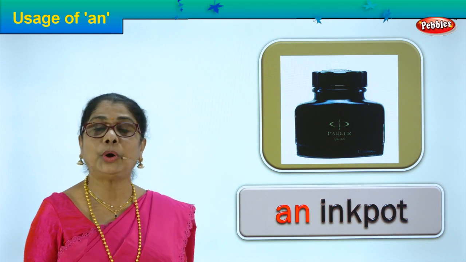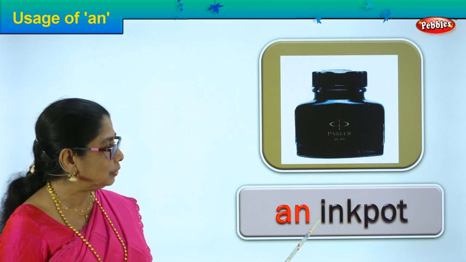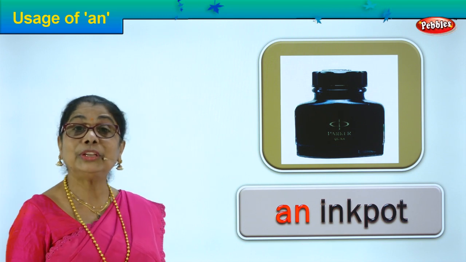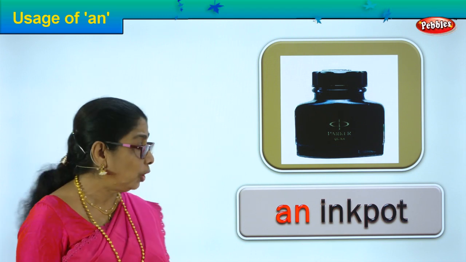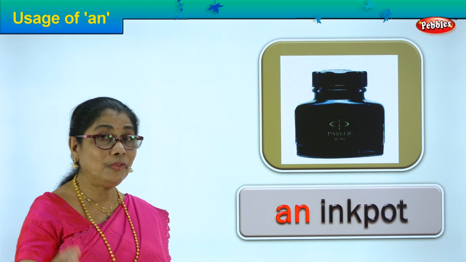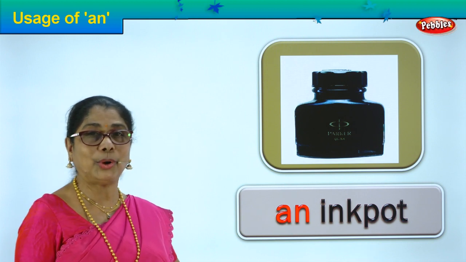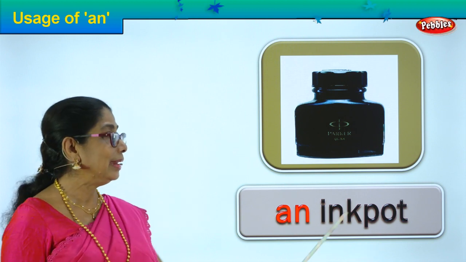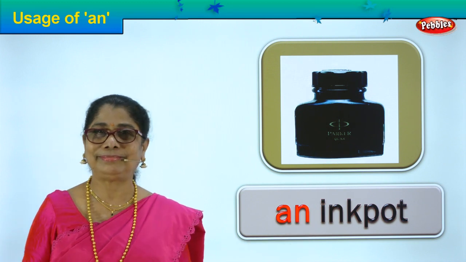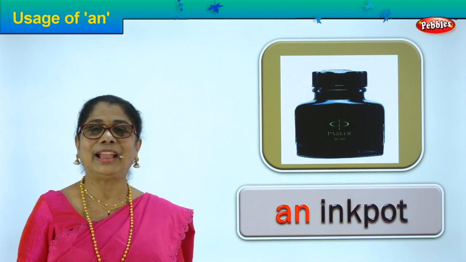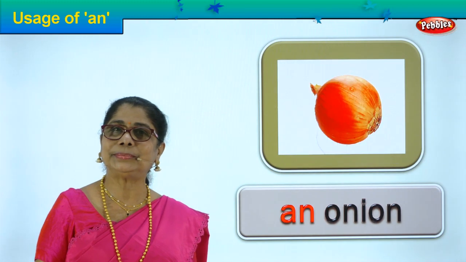I-N-K-P-O-T. Inkpot. The word inkpot begins with I, which is a vowel. So in front of the word inkpot, use an. Now read. An inkpot. Good. Shall we look at another picture?